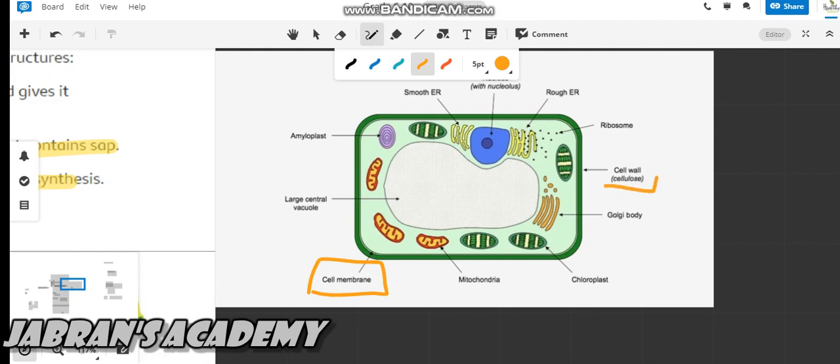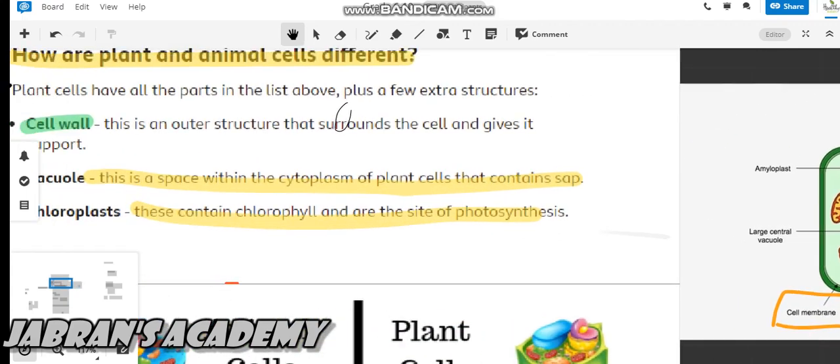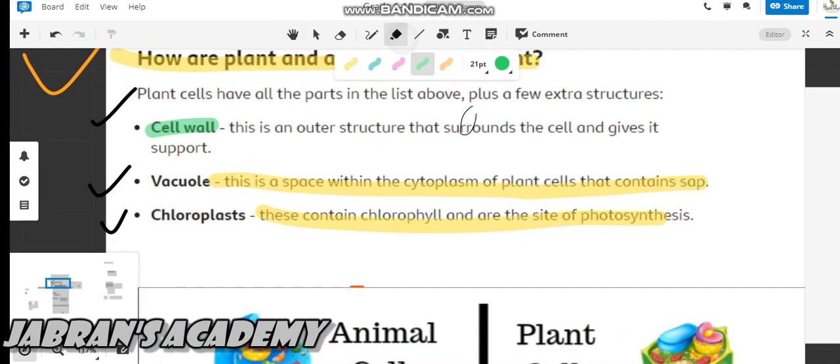And here you see a cell wall that is made up of cellulose and is present outside the cell membrane. That is an extra wall, just to give support and to make the plant stiff and tough. So this is the outer layer that surrounds the cells and gives them support.